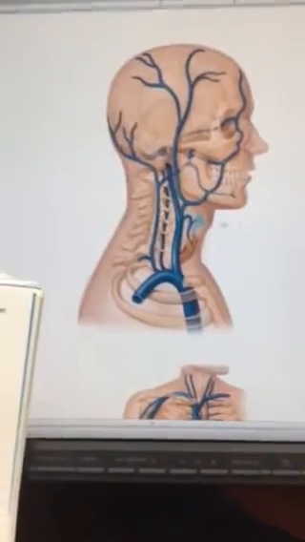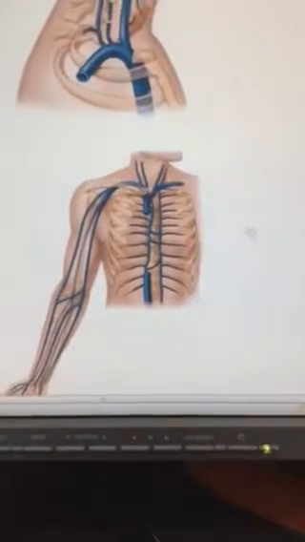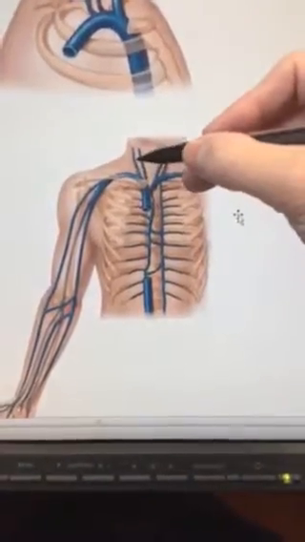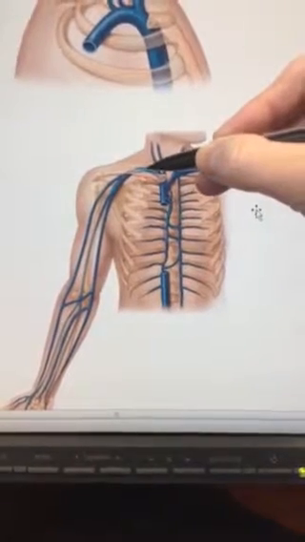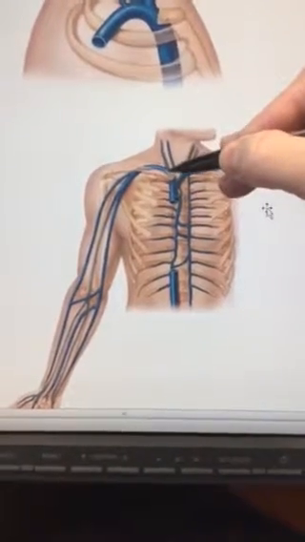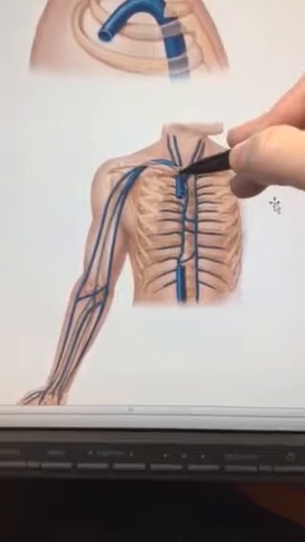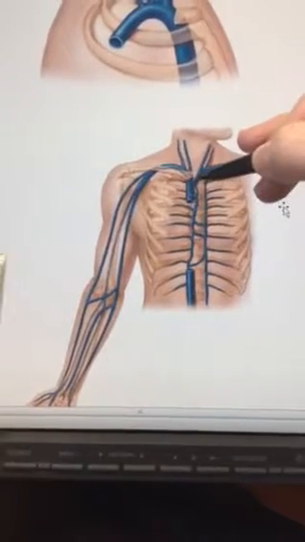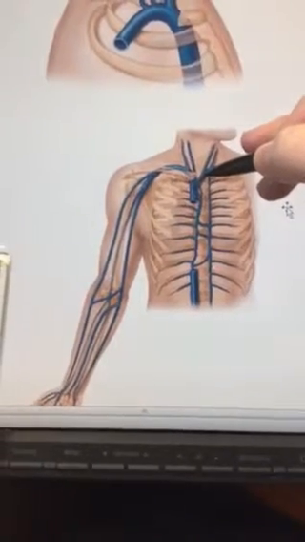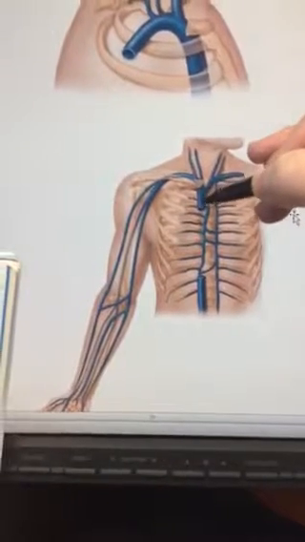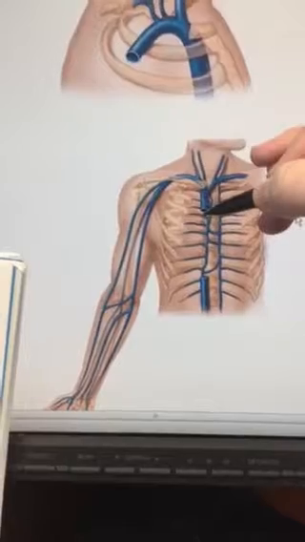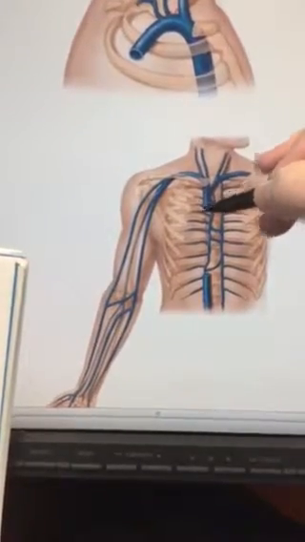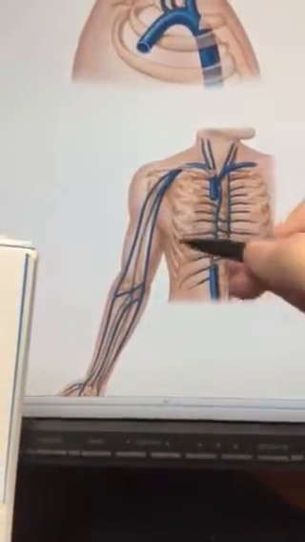Looking at the front view makes that a little bit more clear. Again, we have the external jugular vein, internal jugular vein. This is the subclavian vein coming together. Then we're going to have the right brachiocephalic vein, left brachiocephalic vein coming together to form the superior vena cava, which brings deoxygenated blood to the right side of the heart, specifically that right atrium.